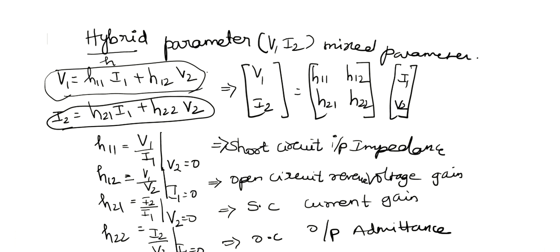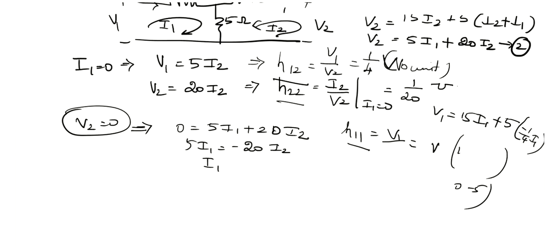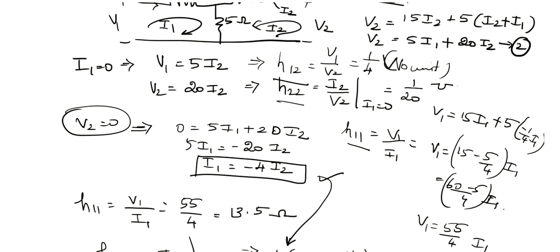Finally you can write all those answers in the matrix format. Clear? So I am just writing H11 will be 13.5 and H12 will be 1 by 4.